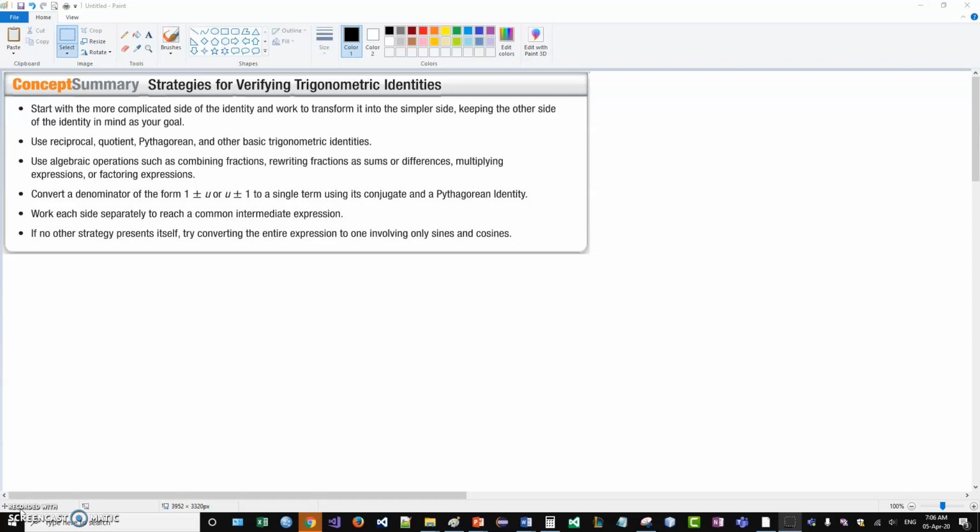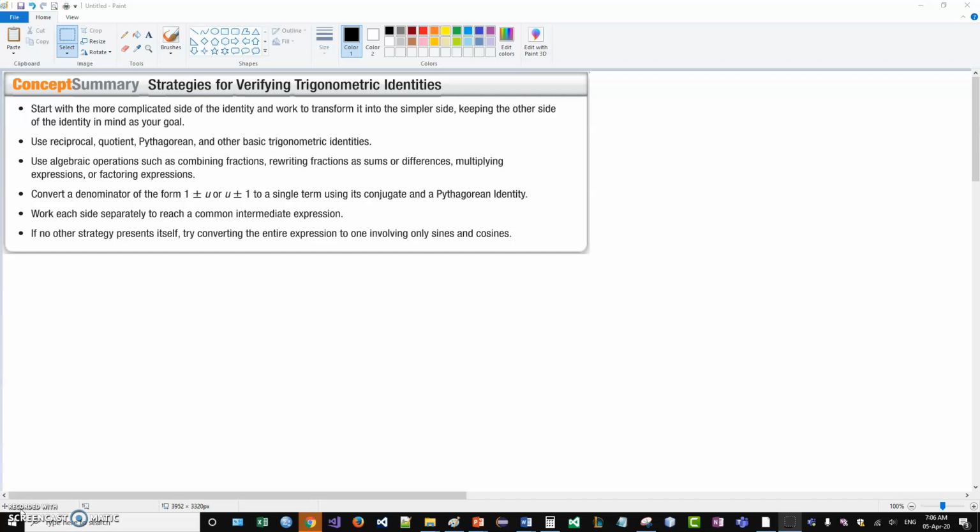Convert a denominator of the form 1 plus u or 1 minus u to a single term using its conjugate. Again, we've used that and the Pythagorean identity. Work each side separately to reach a common intermediate expression. We didn't do that, but sometimes you can do that.